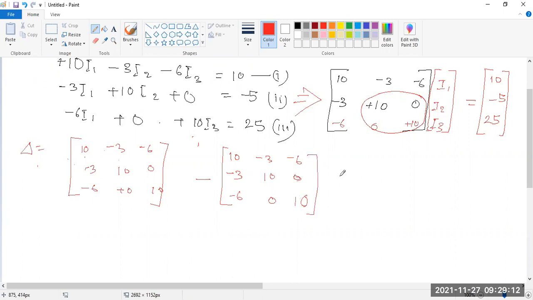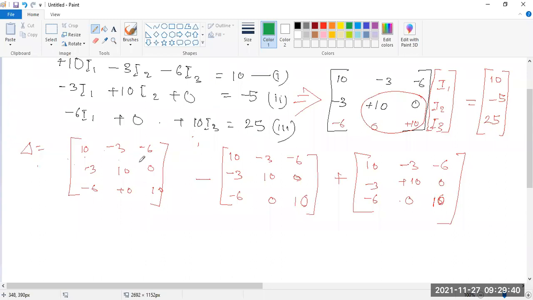Okay, this is minus, then again it is plus. Okay, just write down this matrix.